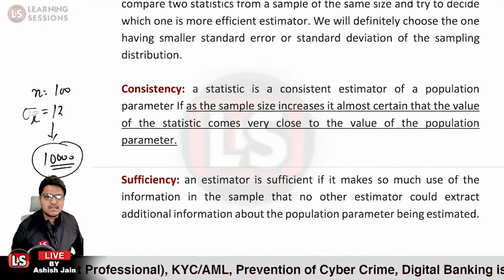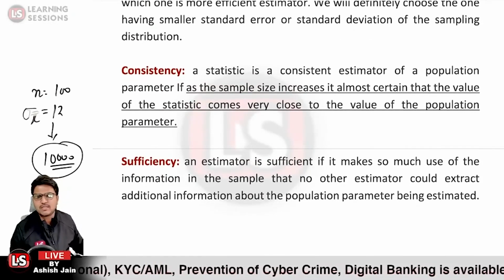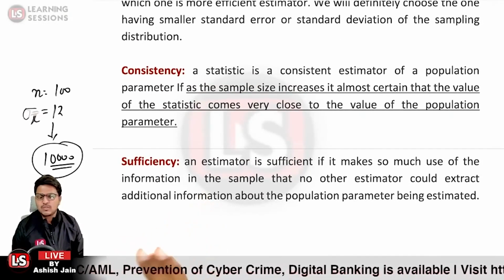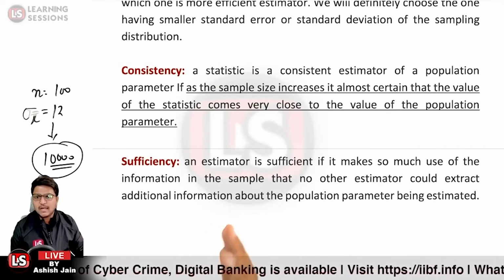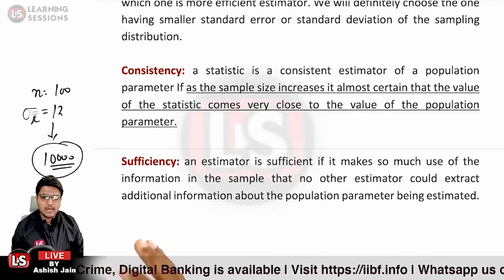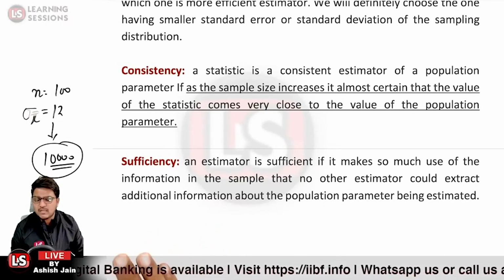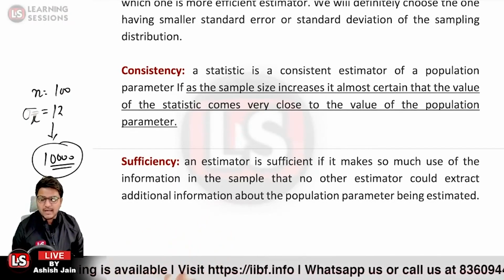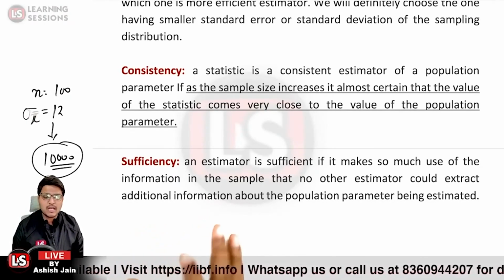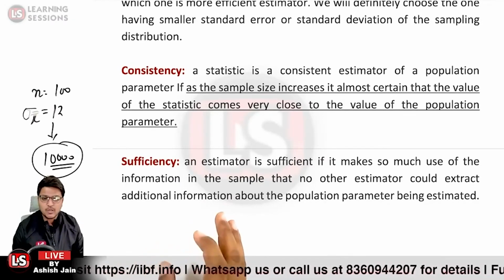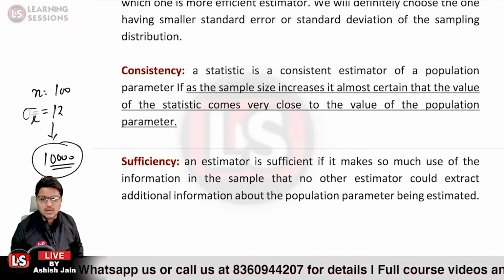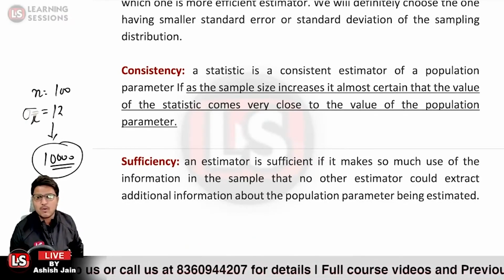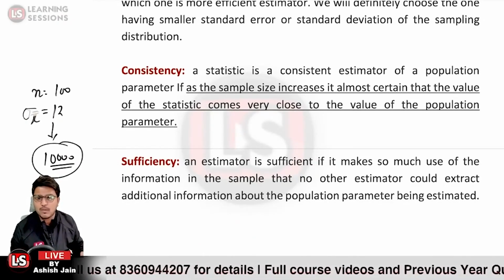Then it is related to sufficiency. Our estimator must be sufficient enough that we are able to extract the most information out of it, more than any other estimator can. That is the beauty of statistics, because from a very small chunk of entities we want to infer all about the population.